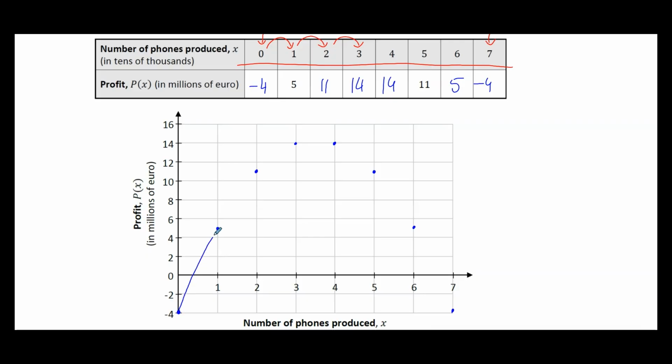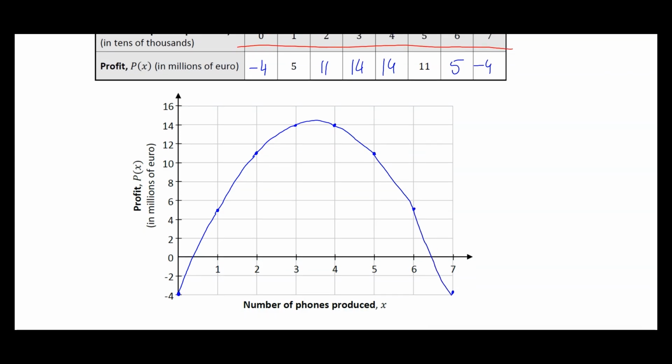Now, when we join the dots, we have to remember that this is a quadratic equation. We do not have a straight line. It is a curve, isn't it? So we're going to have our little curve there, and then we have our function drawn.